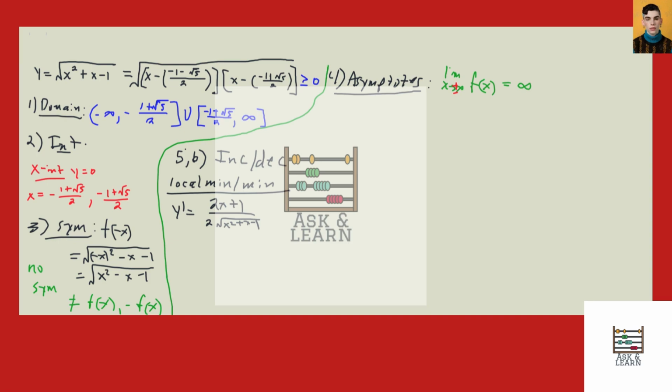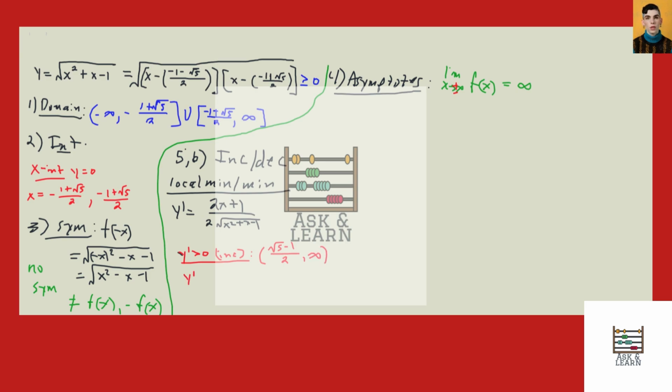So y prime strictly larger than 0, or the function is increasing, on, so I just went ahead and solved this beforehand, so this should be (square root of 5 minus 1) over 2 to infinity.